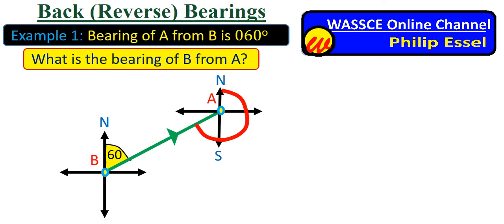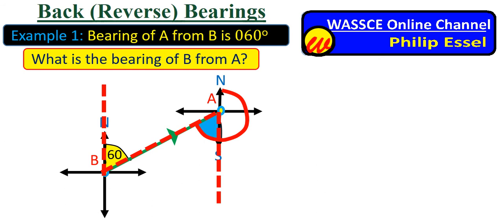To be able to do this, let's determine the pair of Z angles in this diagram. We would first draw our Z shape in the diagram. You would realize that the angle 60 degrees alternate with this blue angle.